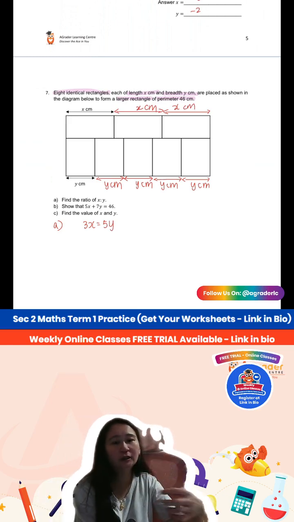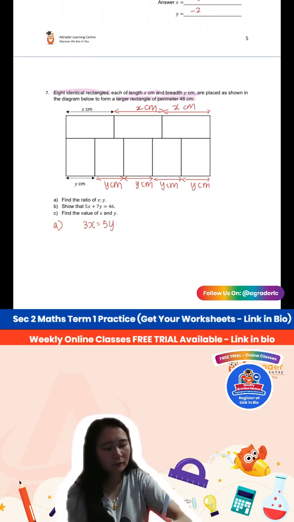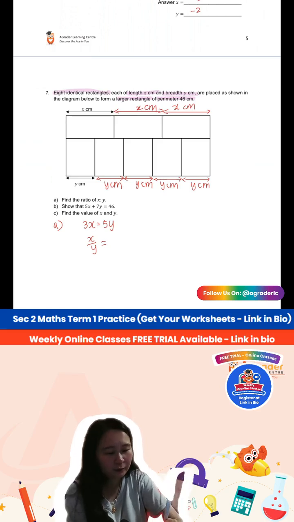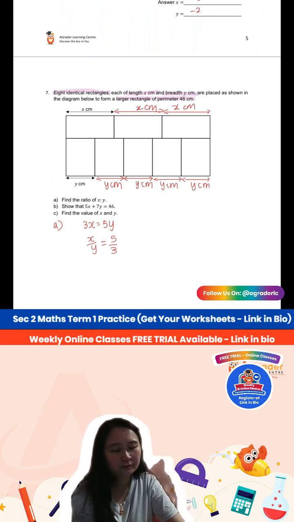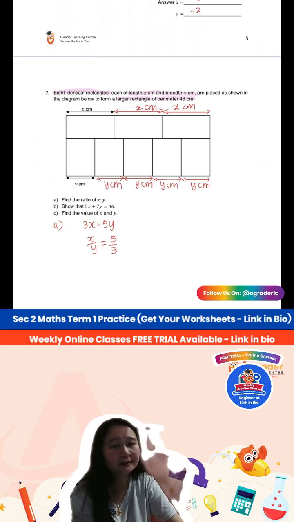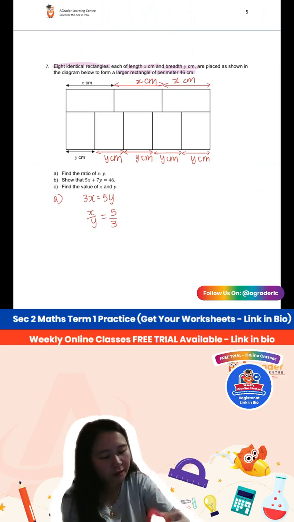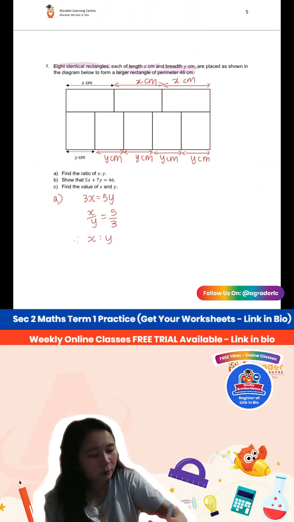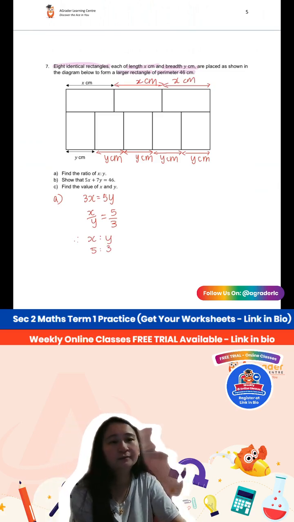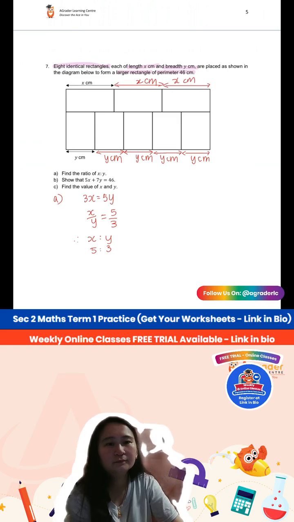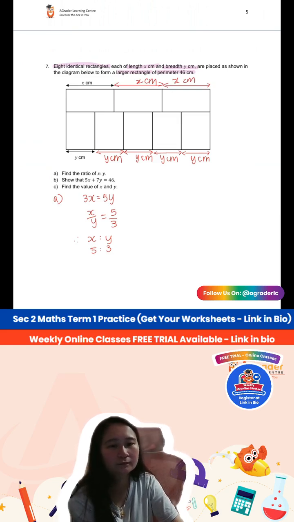So ratio and fraction are quite similar. So for x is to y, you want to find what is x over y. And that means you just need to divide by 3. Okay. So you can bring your y over to the left hand side and bring your 3 over to the right hand side by dividing them. Okay, so x over y is 5 over 3, meaning my x is to y is 5 is to 3.